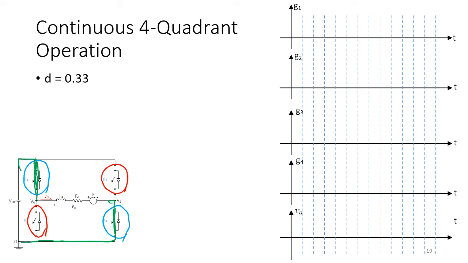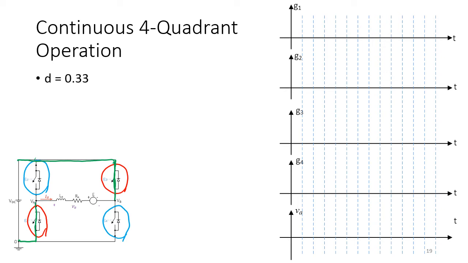But if G1 and G4 are off and we close G3 and G2, then the voltage across the load will be minus VDC. A very similar formula is used here too, 2D minus 1 times VDC, but the switching scheme is different.